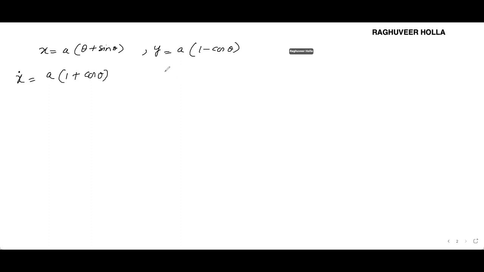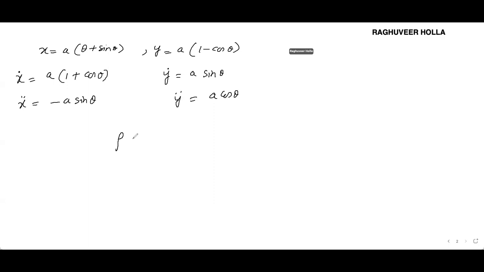Differentiating with respect to theta, y dot is a into sine theta. Again, differentiating, we get x double dot, which is minus a sine theta. Differentiating once again, y double dot is a cos theta.